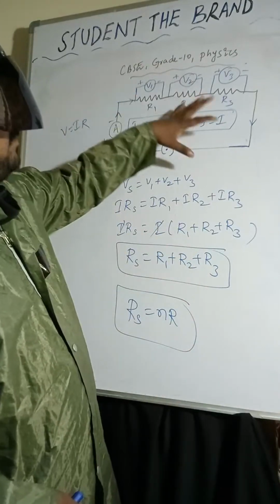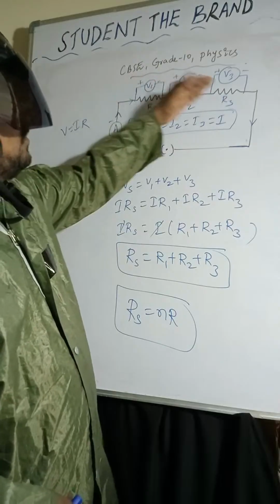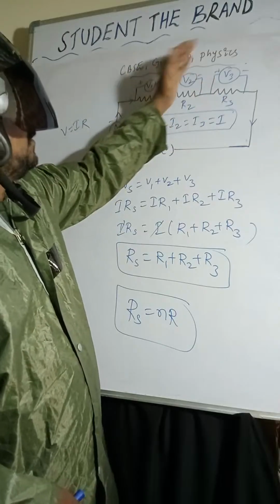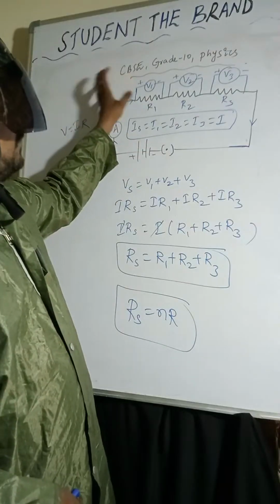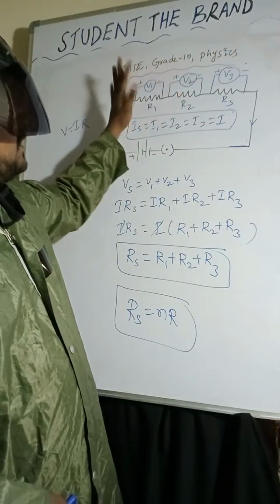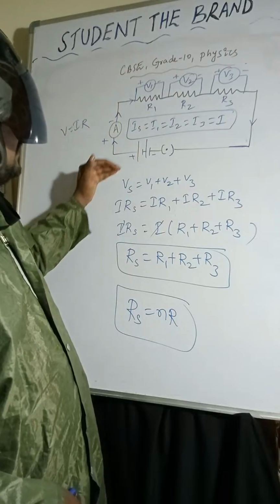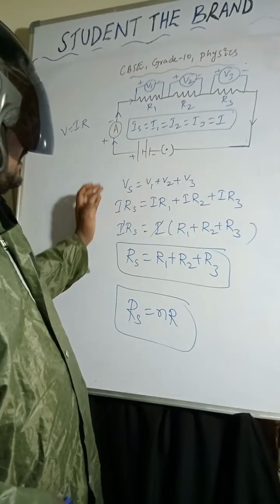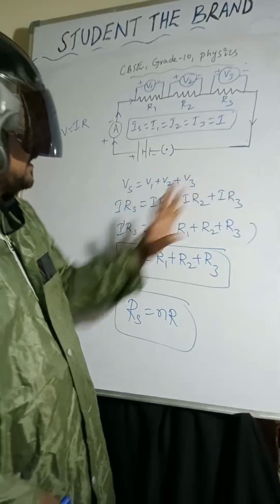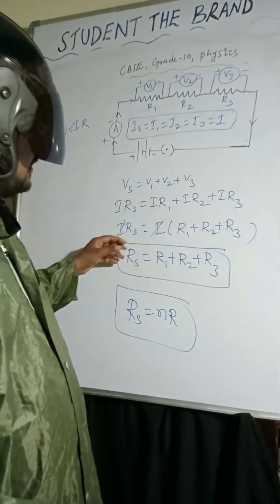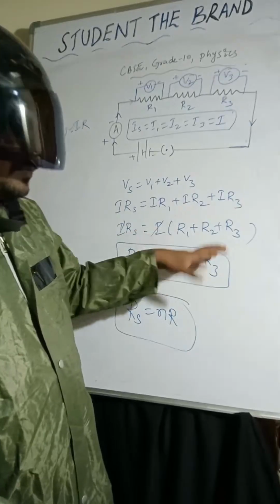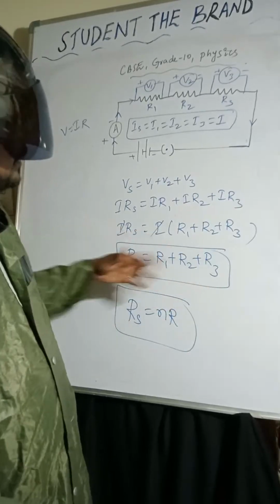So current is the same throughout the circuit. R1, R2, R3, potential differences V1, V2, V3. Current is passing through battery, ammeter, switch. So Vs equal to V1 plus V2 plus V3, IRs equal to IR1 plus IR2 plus IR3, IRs equal to I common R1 plus R2 plus R3, Rs equal to R1 plus R2 plus R3, Rs equal to nR.